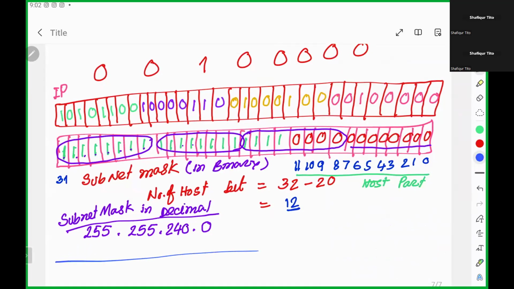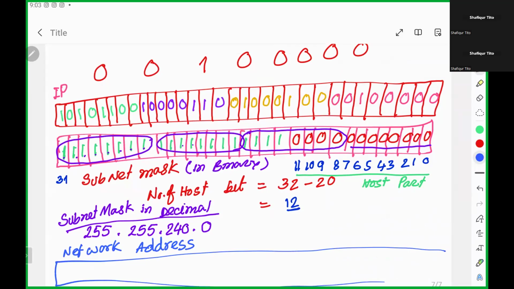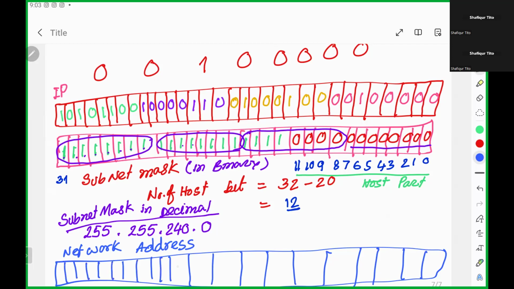So this one here is the network address. How to find out the network address? We'll divide this one again into 32 bits: 2, 4, 8, then 16, and 32.